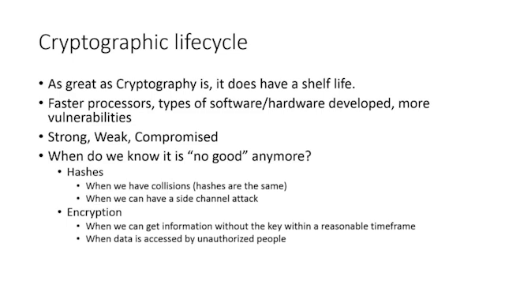The computers that we had 20 years ago are slower than your watch, slower than your mobile phone now. We get faster processors. We get different types of hardware, different types of software. All that is being developed. We can have the newest, best, fastest computer, and some technology may outrun the cryptography that you're using.